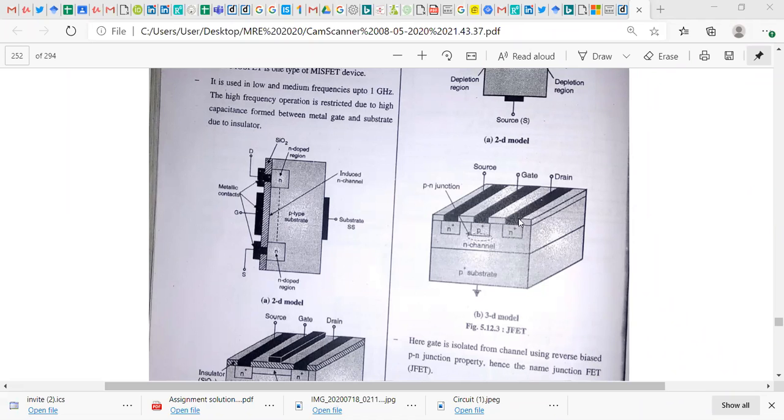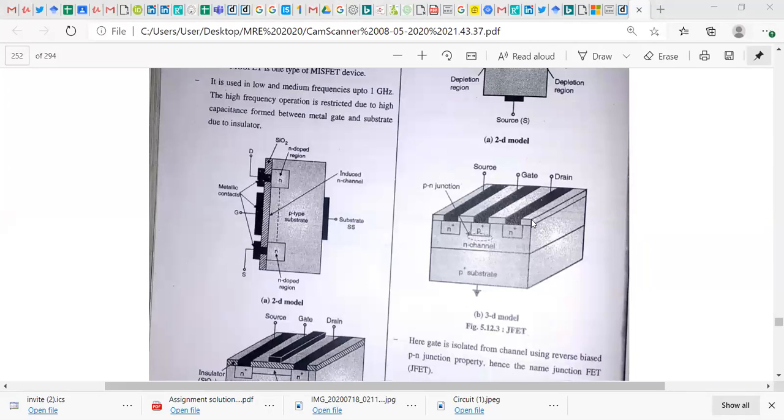Sarifa, which type of contact we make in? Yes, Amina.